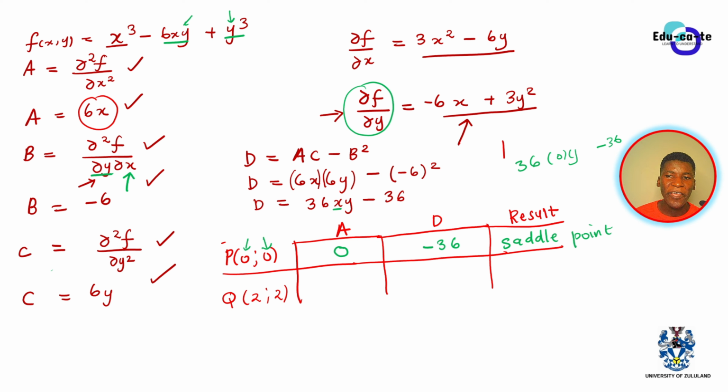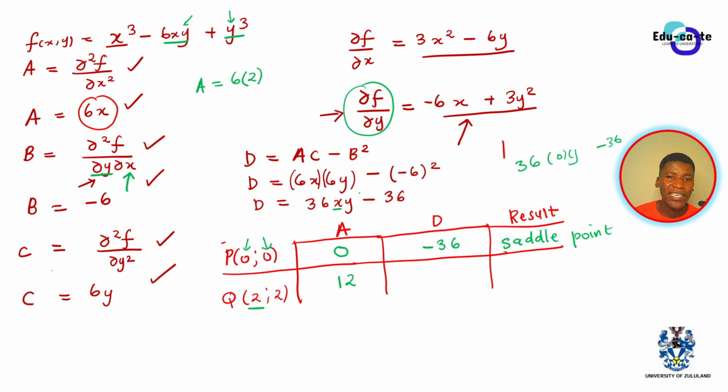Now let's classify Q as a saddle point, a local minimum or a local maximum. Here we have x equal to 2. To find the value of A, remember that A is a function of x, so A there would be equal to 6 multiplied by the x value of Q, which is 2. That's going to give you positive 12.